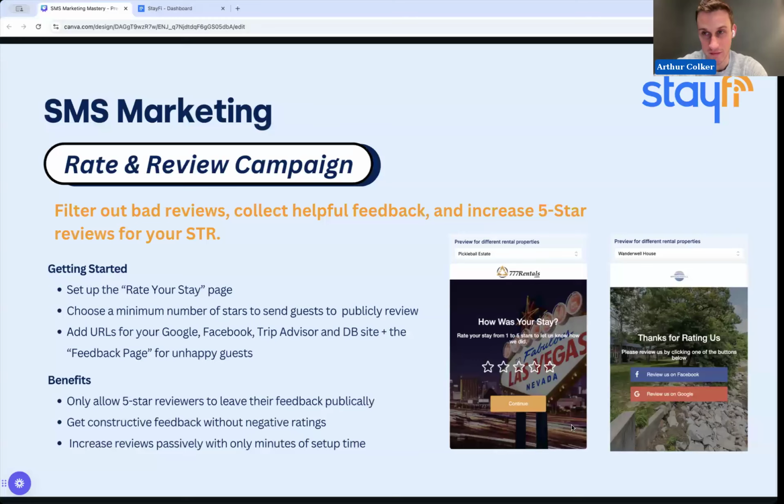And that way you're collecting the negative feedback privately and then pushing all of the positive feedback to Google. So just really fantastic way to increase your brand's visibility in search, as well as a lot of people also collect those negative feedback responses earlier on, and then maybe they can even address them during the stay and then prevent a negative review on a public platform.